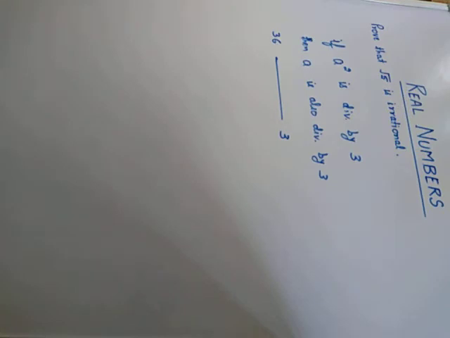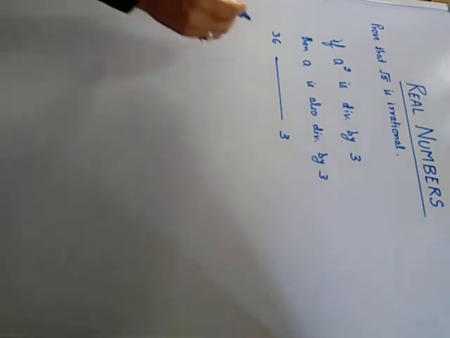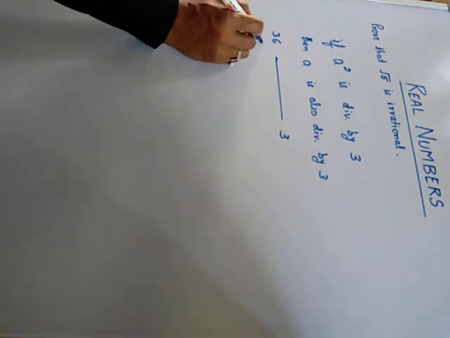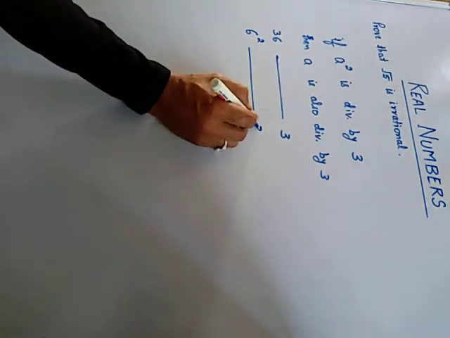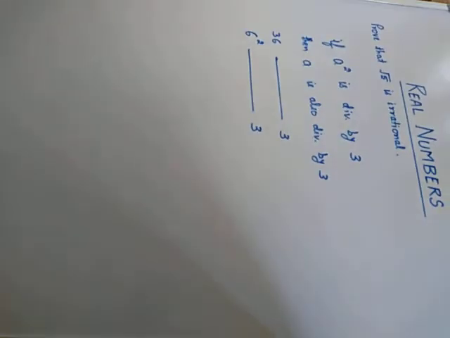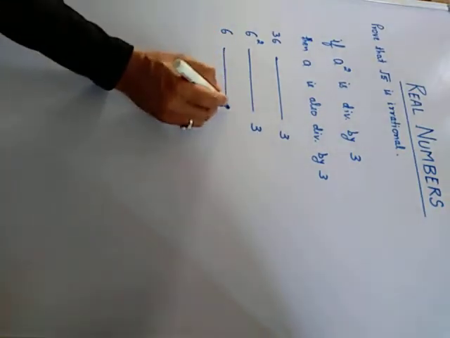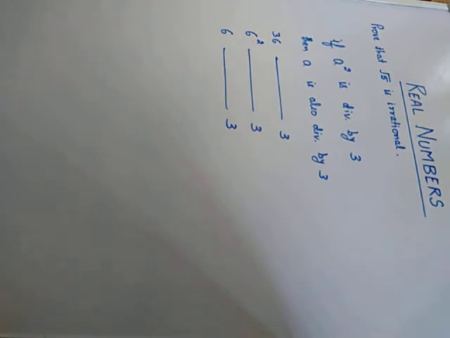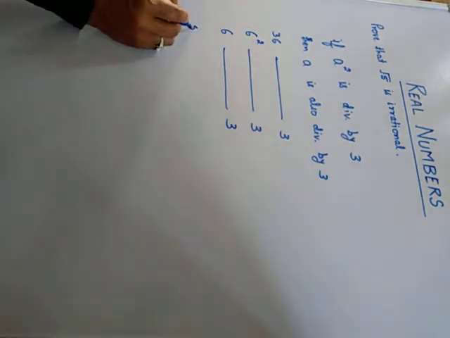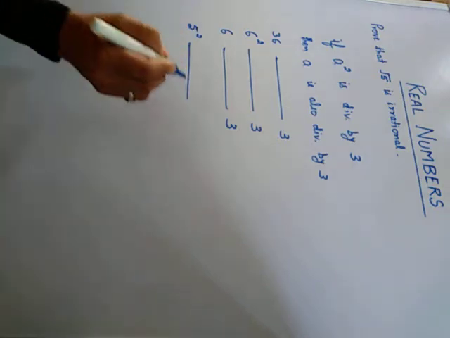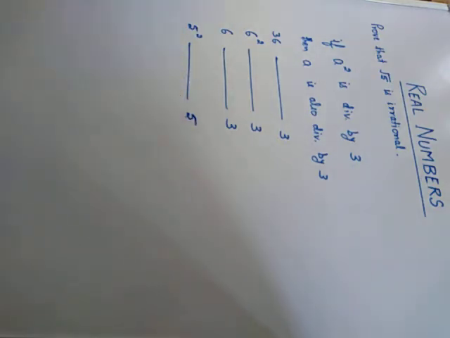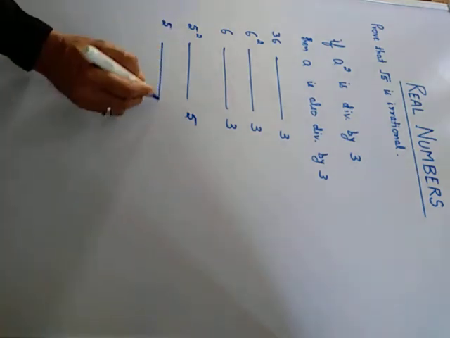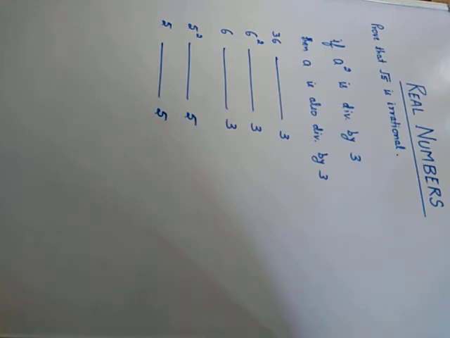You can see 3 twelves are 36. In place of 36 we can write 6 square is divisible by 3. So 6 is also divisible by 3. You can take any other example. Suppose 5 square, which is 25, is divisible by 5. So you can see 5 is also divisible by 5.